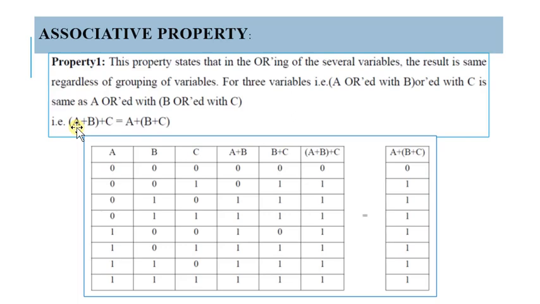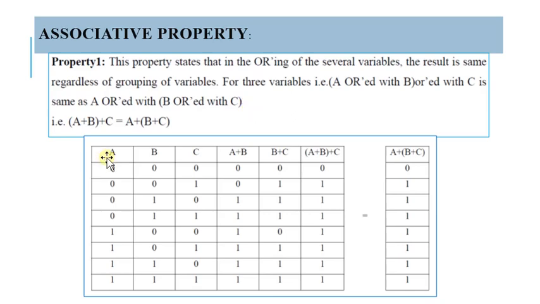So here if you observe, a plus b forms a group and c is a separate variable. So a plus b will be the operation that will be performed and then we are going to OR c with the result obtained from a plus b. Here, because it is an associative property, I will not be able to explain the grouping for two variables, but I can explain the grouping for three variables.